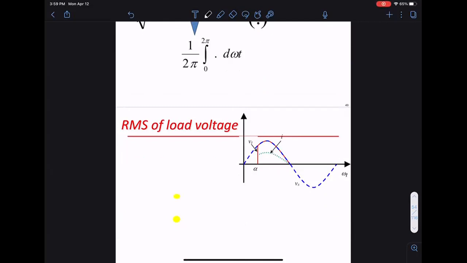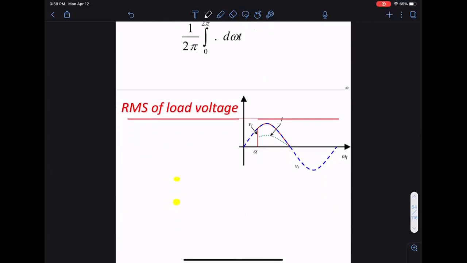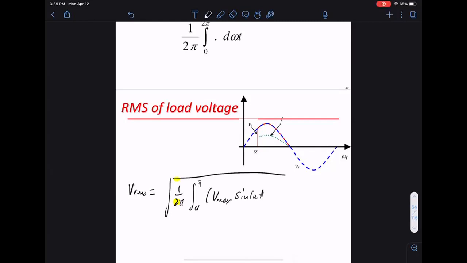If you look at the root mean square voltage of this load, the calculation is basically the same. VRMS is equal to the square root of 1 over 2 pi times the integral from alpha to pi of V max sine omega t, squared, d omega t.